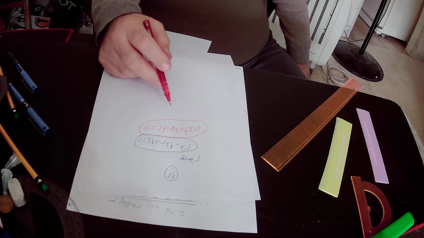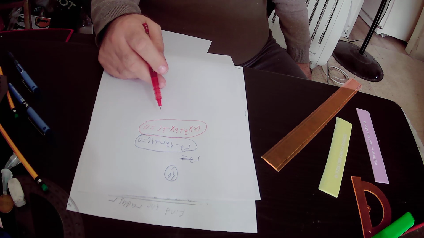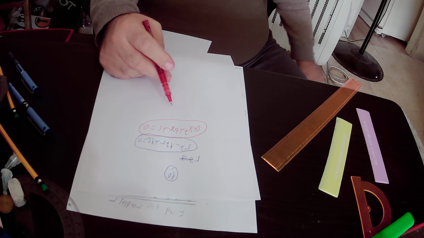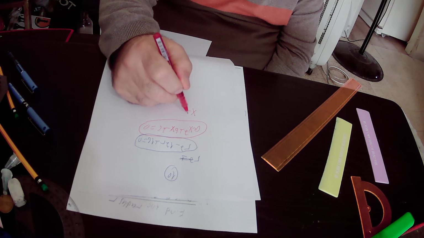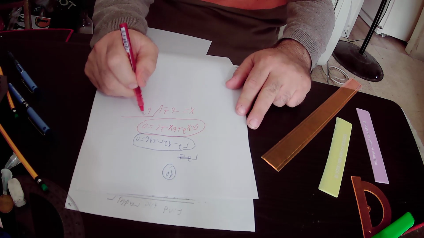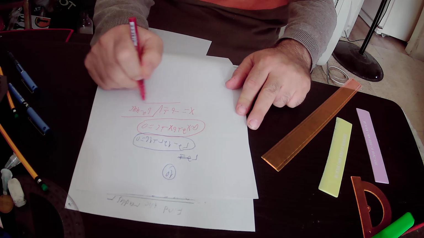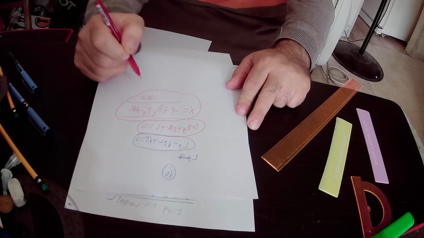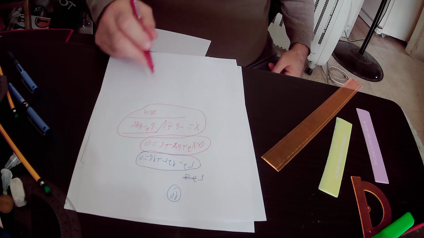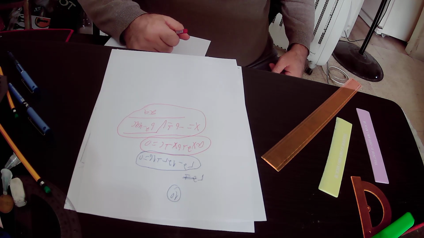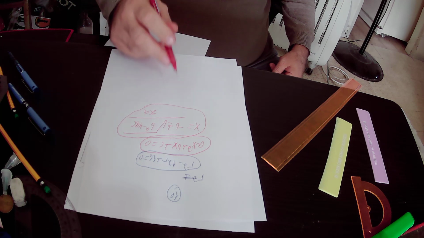And the way to solve this quadratic equation, that is to say, in order to find out the value of x, we have a special formula that is x equals to minus b plus minus the root of b squared minus 4 times a times c over 2a.